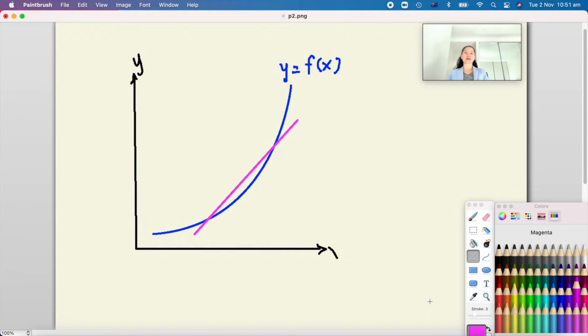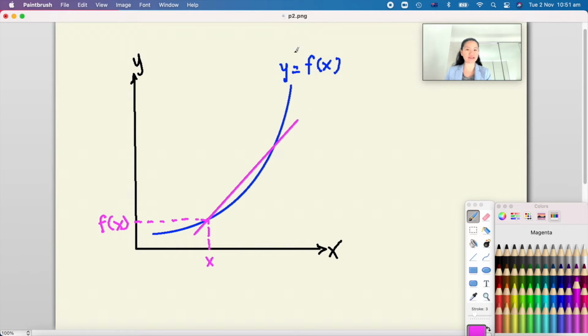If this point is x1, or just x, then of course the y here has to be f(x). Does that make sense?